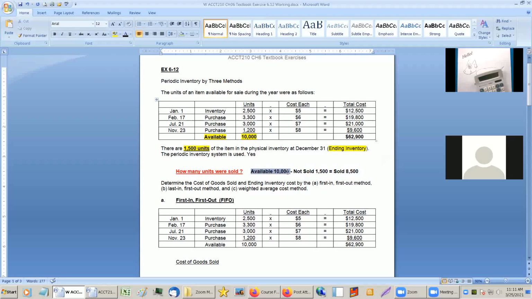So we had available this many. Not sold, or ending inventory, was 1,500. So the sold must be 8,500.